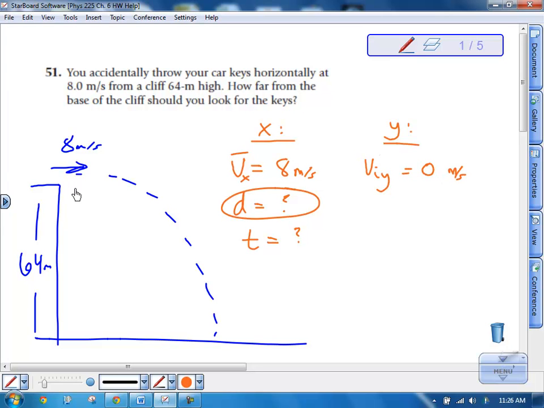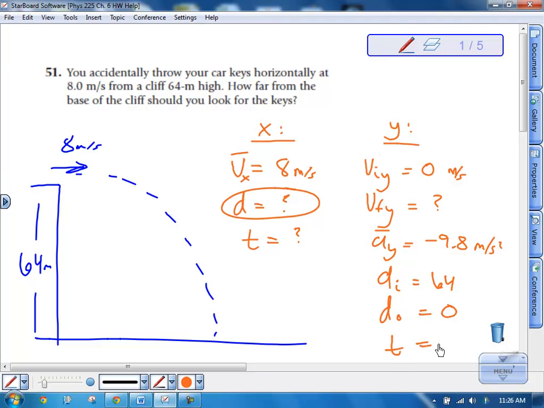It only starts off moving horizontally at first. Final velocity in the Y, I don't know. Acceleration in the Y is always negative 9.8 meters per second squared for free fall problems. Initial distance in the Y is 64 meters at the top of the cliff, and at the bottom, it's 0.